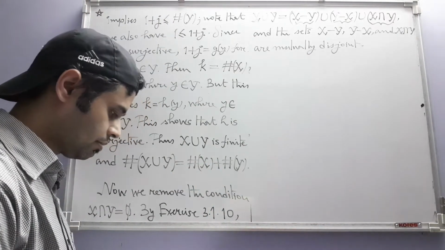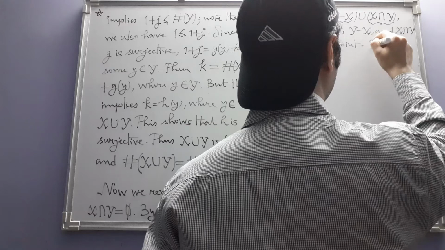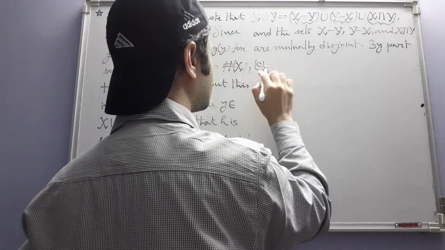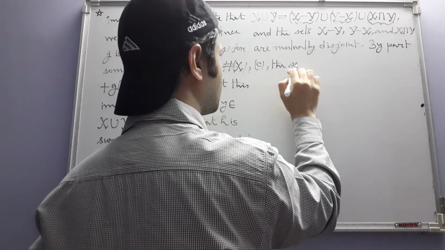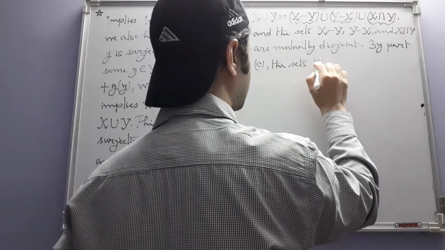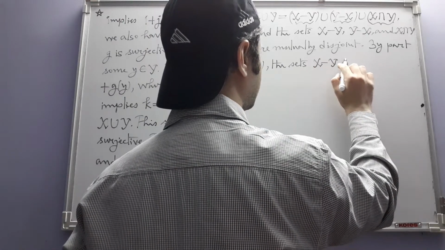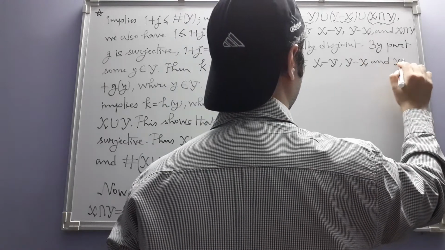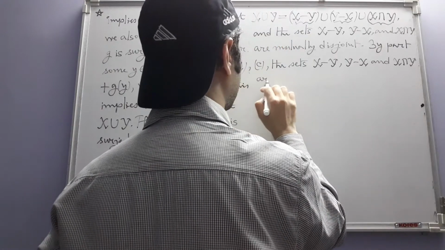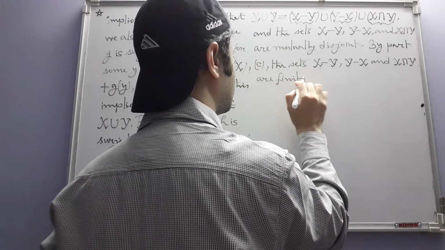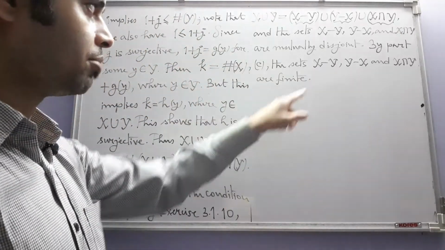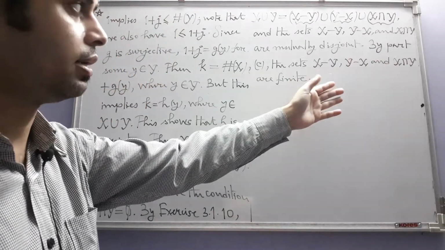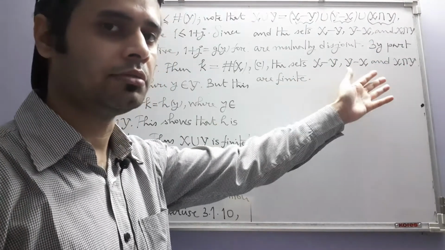However, we need to mention by part C, the sets x minus y, y minus x and x intersection y are finite, because x minus y and x intersection y are subsets of x, which is finite, and y minus x is a subset of y, which is also finite.